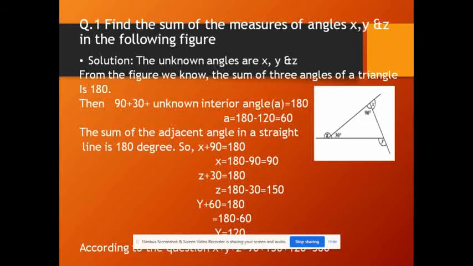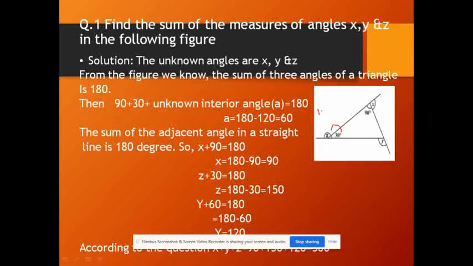See, x is a line segment, xy is a line segment, and zy is also a line segment. Look at these two angles formed on a straight line. That's why these two angles are called adjacent angles or linear pair angles.